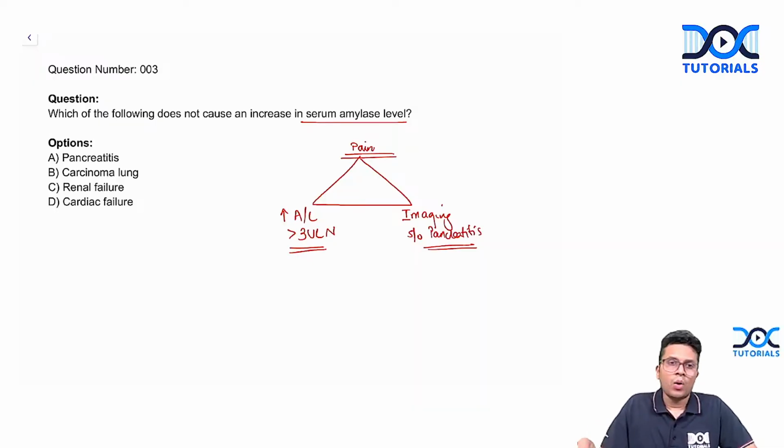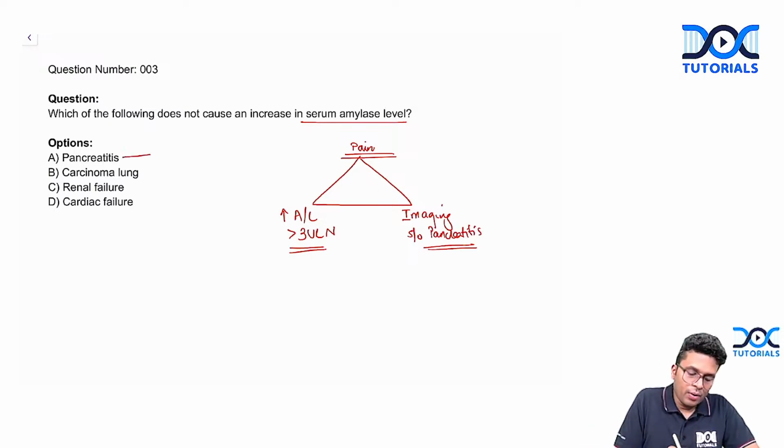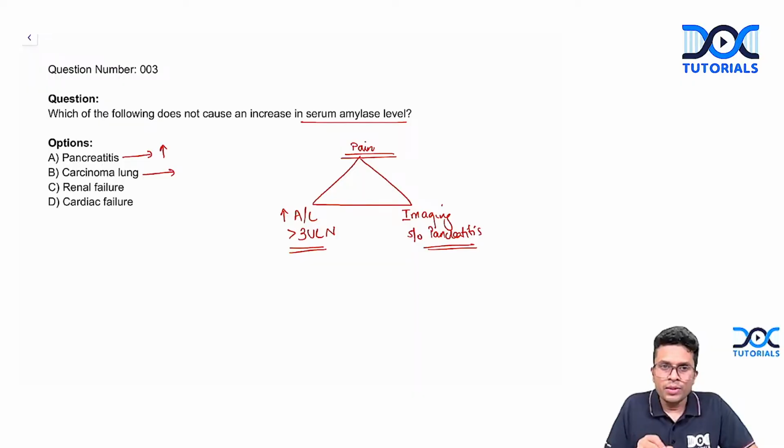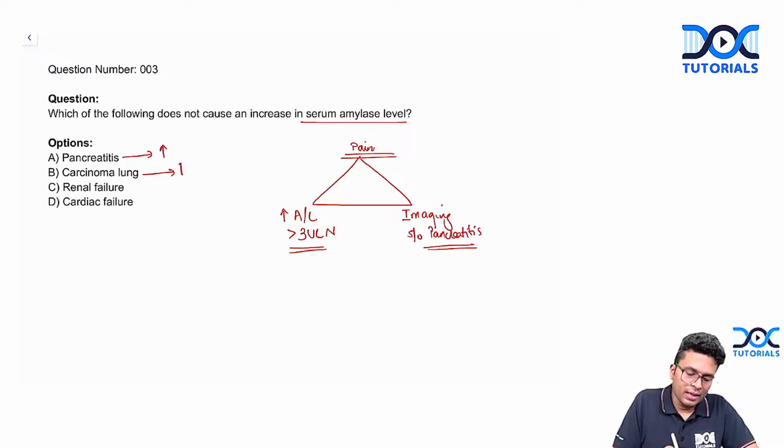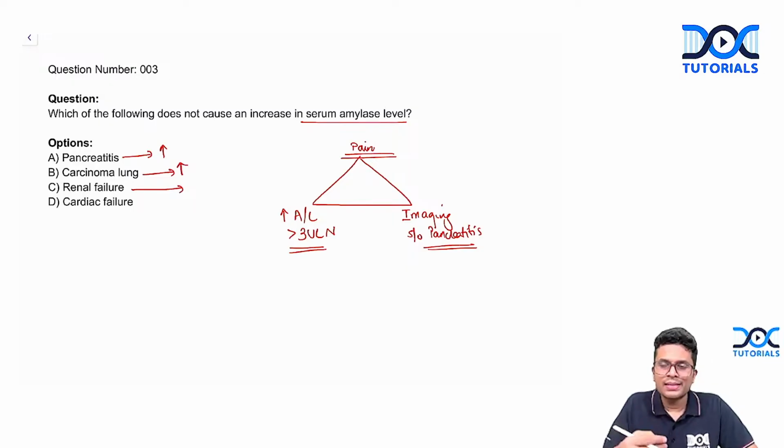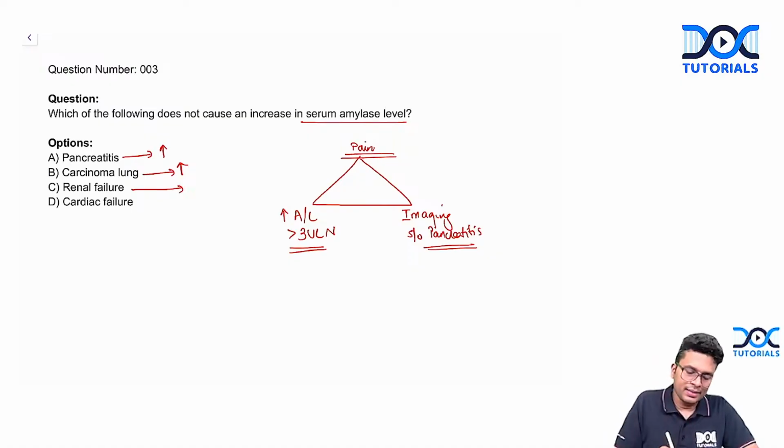Now in pancreatitis, we all know amylase is raised because of acinar cell injury. Even in lung tissues, the tumor cells can secrete amylase, so it can increase. In renal failure, because amylase gets excreted less, it can increase. So the best answer would be cardiac failure.